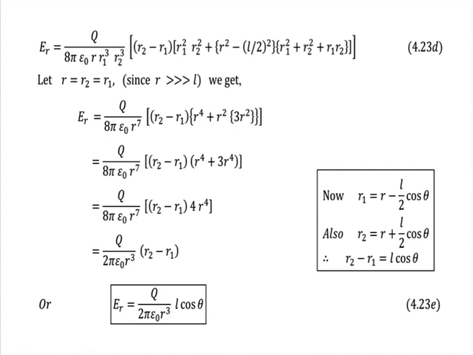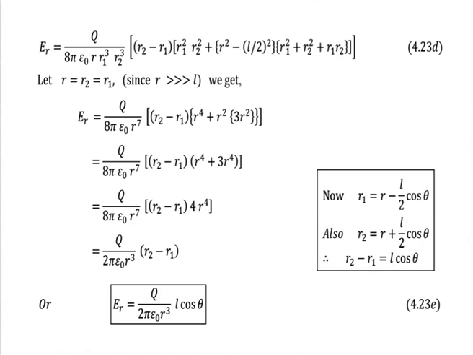Now, since P is very far off from the dipole, for all practical purposes we can say R is equal to R2 is equal to R1, and since R is much greater than L, ER can be put as q upon 8 pi epsilon naught R cube into R2 minus R1 into R to the power of 4 plus R square into 3R square, which reduces to q upon 2 pi epsilon naught R cube into R2 minus R1.